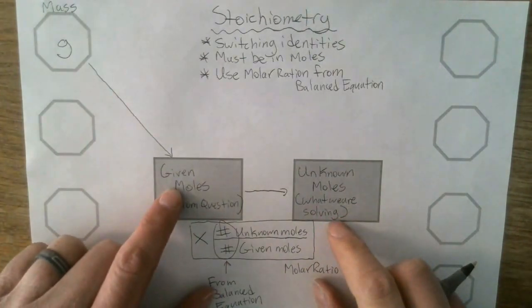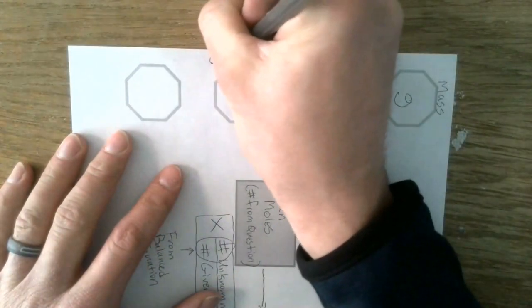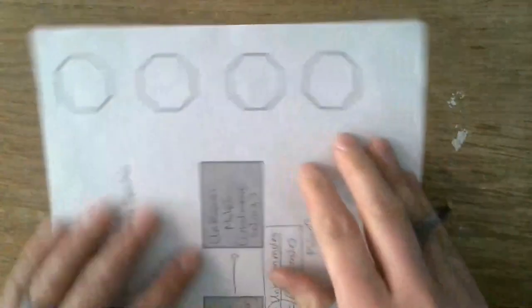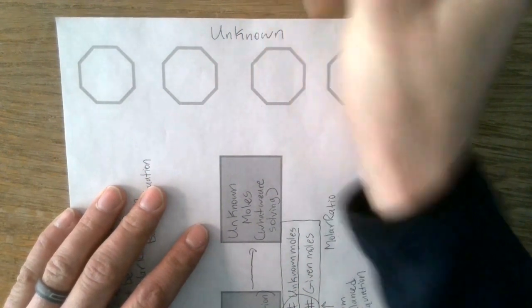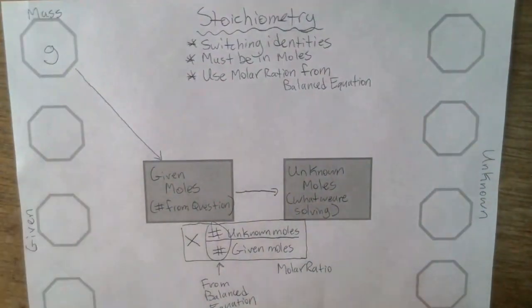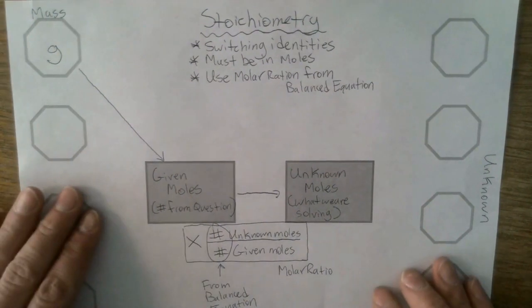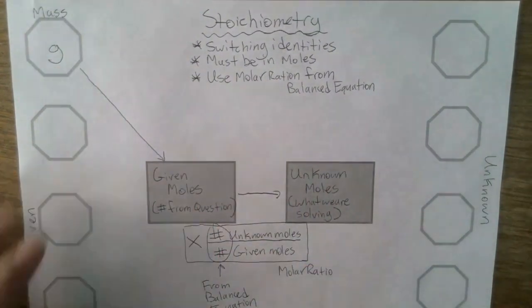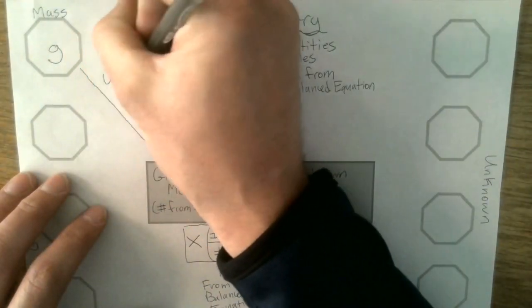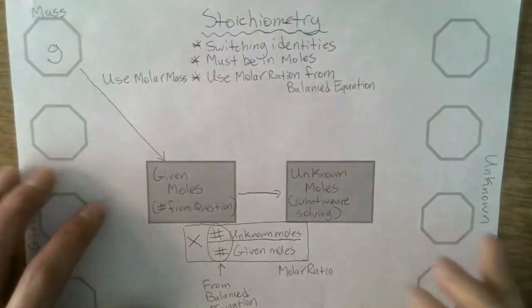So if we want to convert from grams to moles of our given substance, let's just add to the side here that all of these are our given values, and all of the ones on this side will be our unknowns. So if we're going from grams to moles, remember from the periodic table, we're going to use the molar mass of that substance.